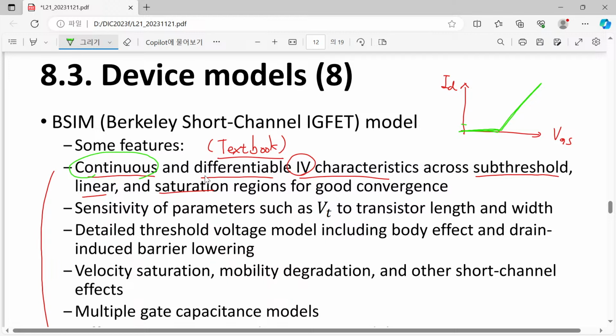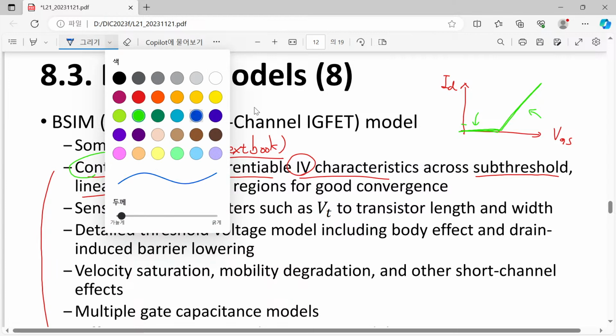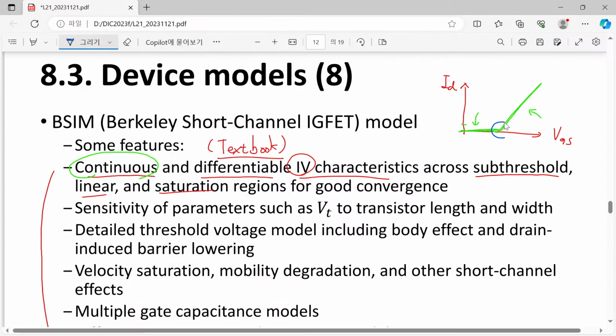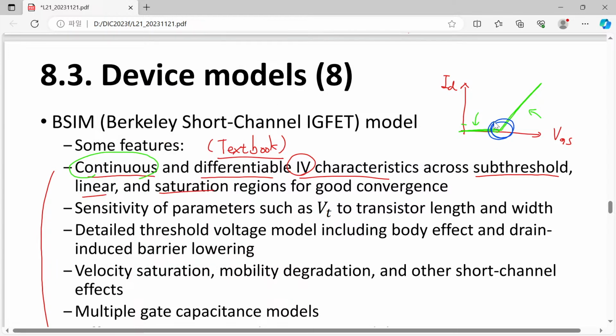Is it differentiable? Actually not, although here and there they are differentiable. However, at this knee point, we cannot define the first derivative. However, this model avoids those kinds of things.